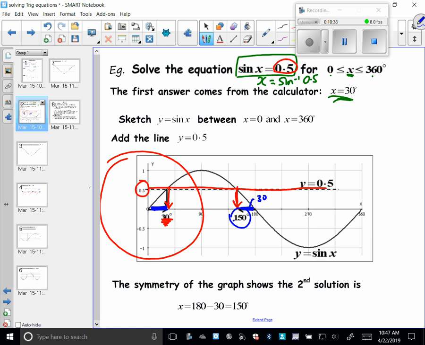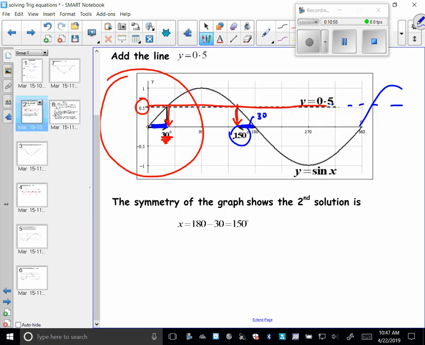Now, these graphs keep going on and on forever. So if they'd asked for even more, we could find some extra ones. We know it repeats every 360 degrees. So we know that x is either 30 or 150, but if their range was bigger, what could we do with these two numbers to find more solutions? Add them to 360. That's all you have to do.